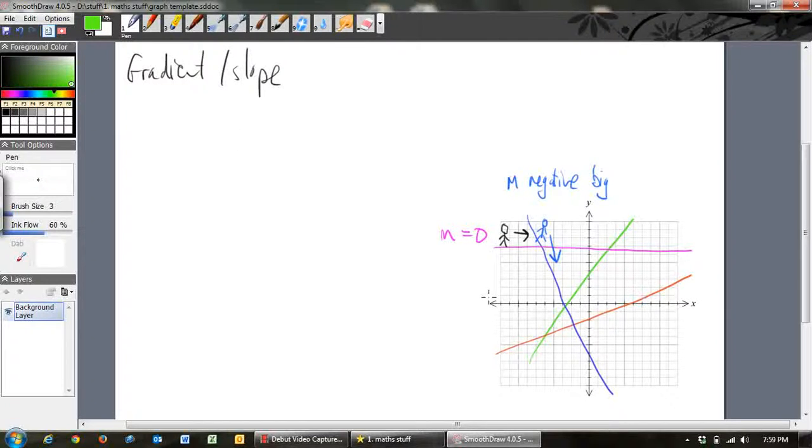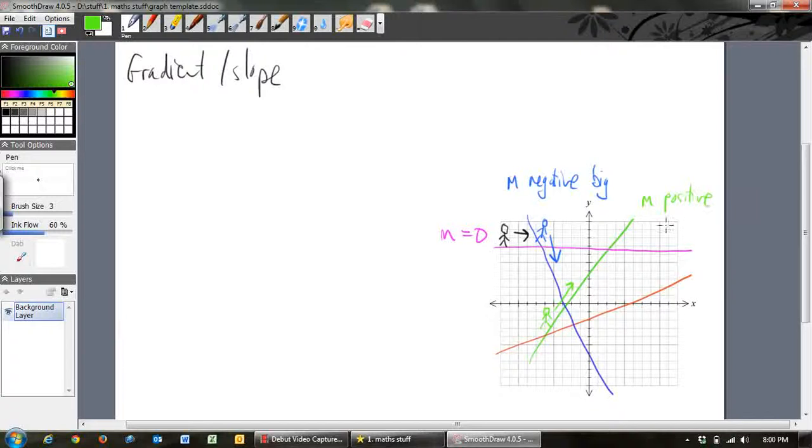This is a steep line here, so it will be negative and a big number. Okay, good. Let's have a look at the green. If you're some dude on the line, again walking from left to right, what's happening to you? Well, you're walking uphill, aren't you? So for the green, m is the gradient, that's our symbol that we represent the gradient or the slope by.